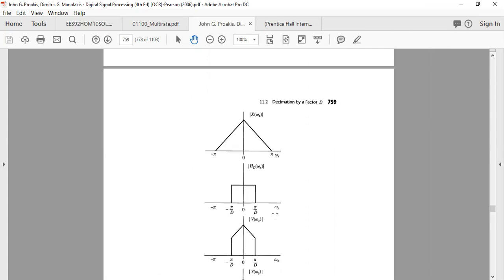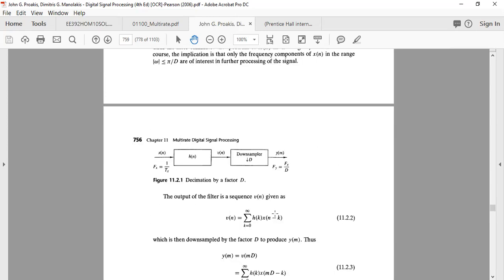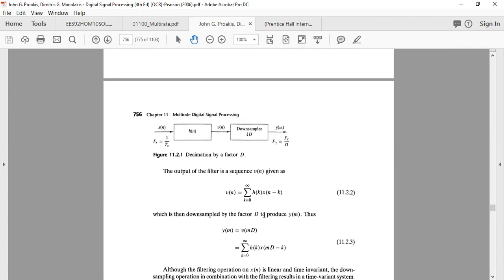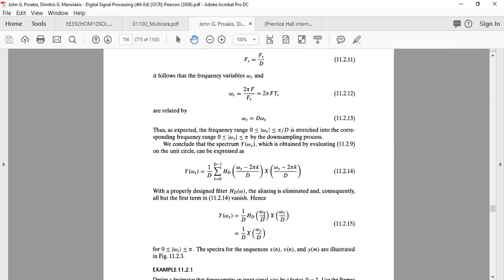For a downsampler, there is nothing changing to the sampling of this signal. It is just being filtered. The sample size remains the same.